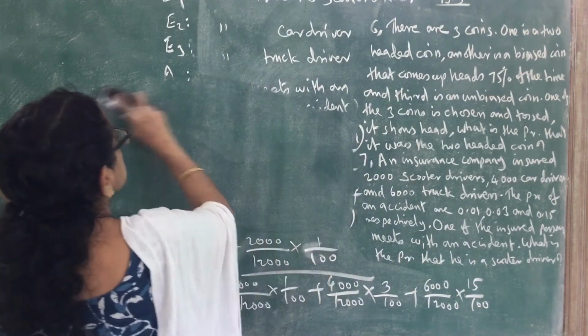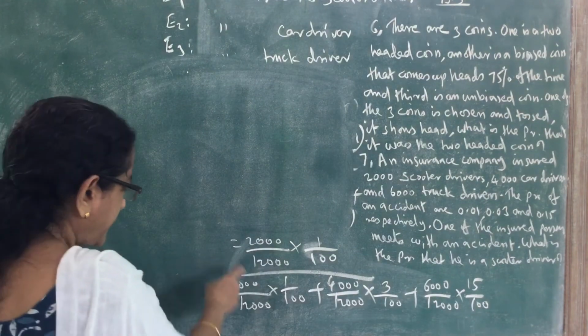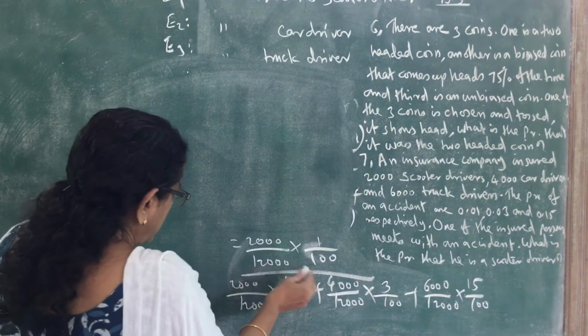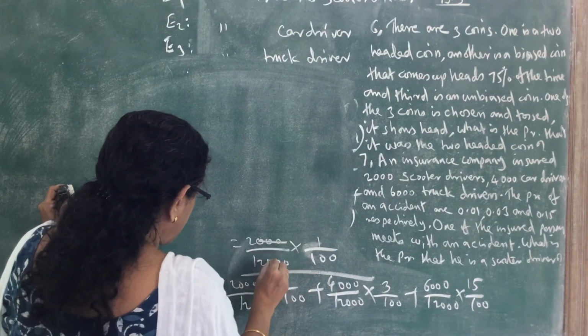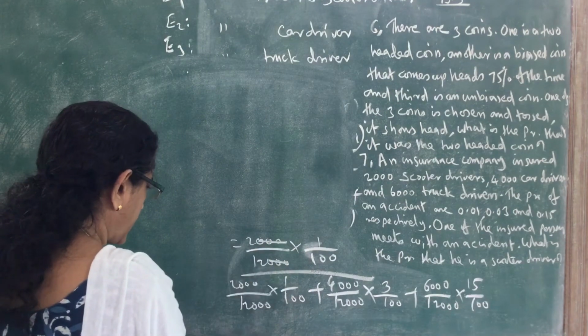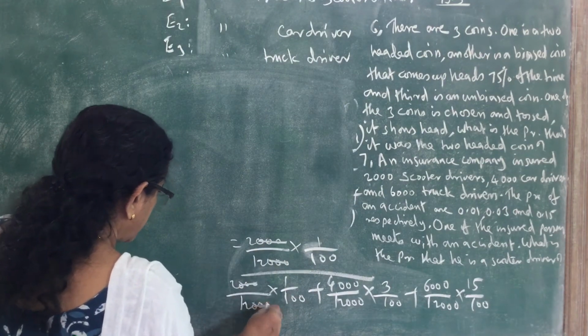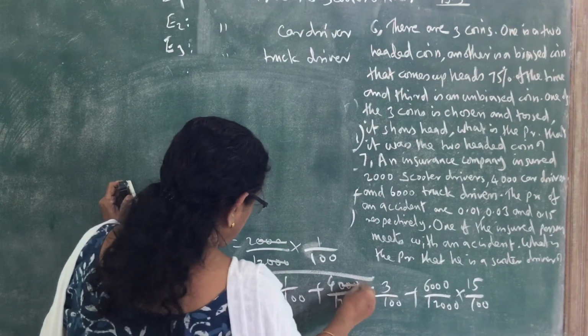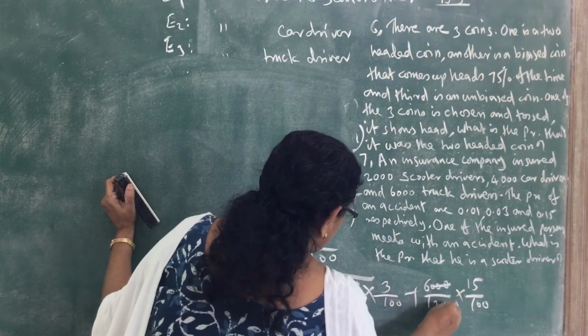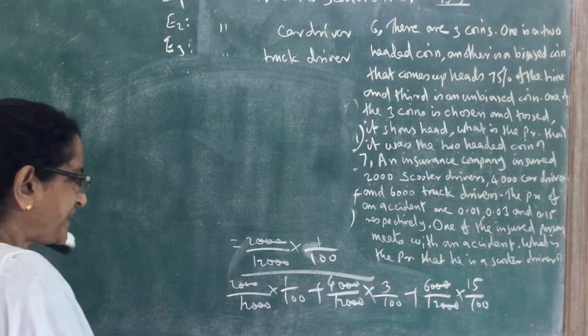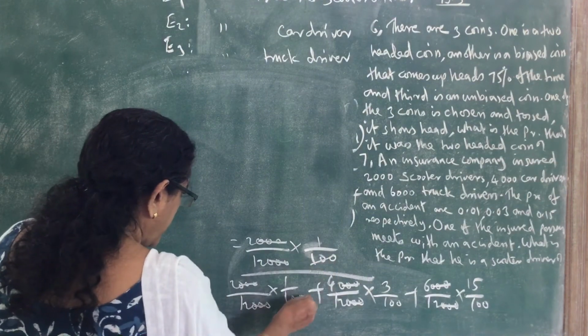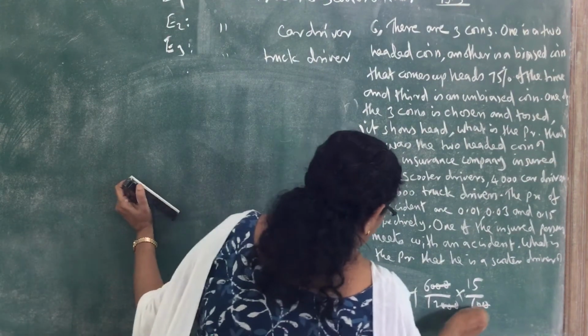Here 1000 we can cancel, here 1000 we cancel, here 1000 we cancel. And here by 100, here by 100, here by 100, here by 100.